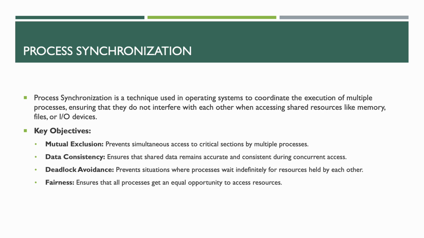It ensures that only one process can access a critical section, a shared resource, at a time, which prevents race conditions where multiple processes try to update shared data simultaneously, leading to inconsistencies. For example, with a printer queue where multiple processes request to print at the same time, mutual exclusion ensures only one process sends data to the printer at a time.